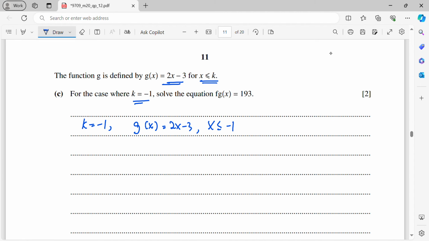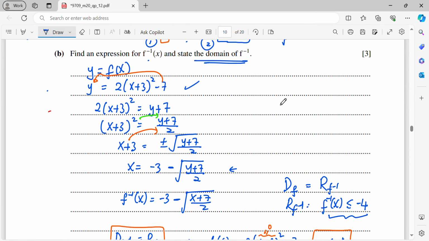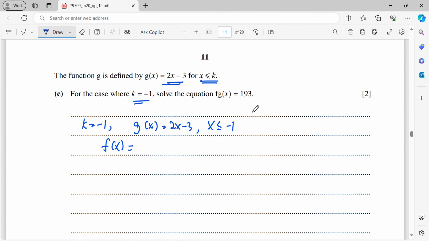And then what is my f? I would need to write down my f(x). So my f(x) is basically, copy back this, 2(x + 3)² − 7, where x is less than or equal to −4.